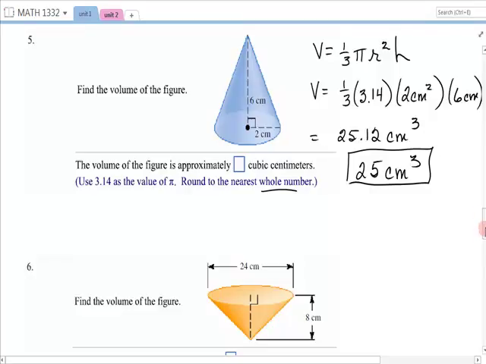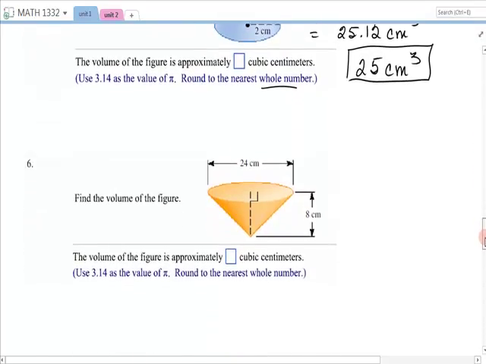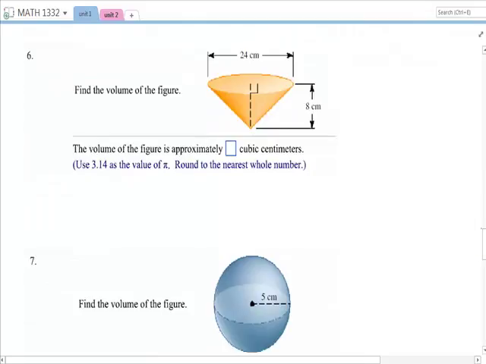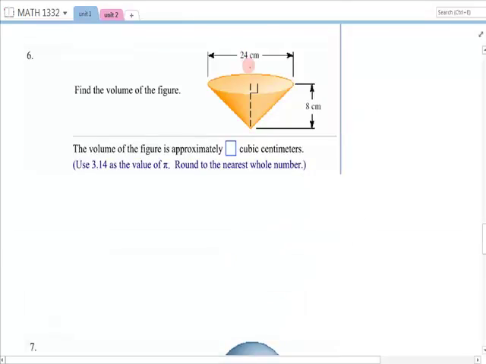All right, what's different about 6? Oh, well, they turned the cone upside down. What did they give you? You've got the height. You know that volume is 1/3 pi r squared h. Volume is 1/3 times 3.14 times... What's the radius of this cone?